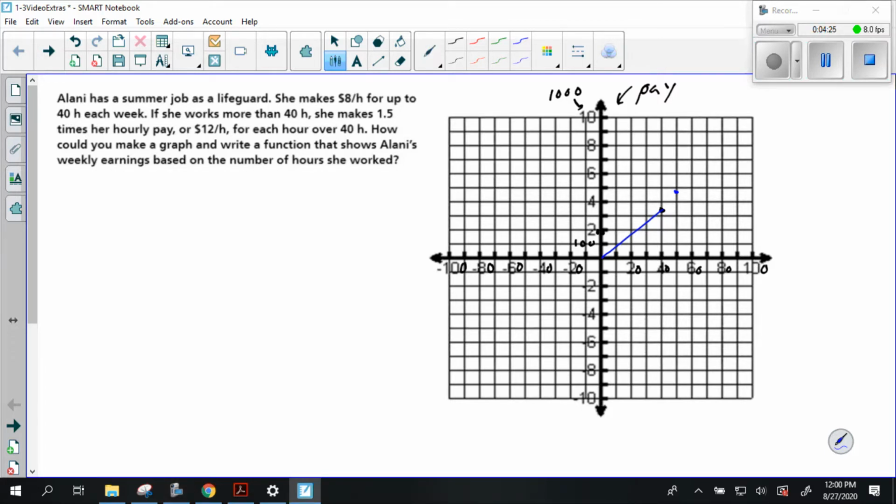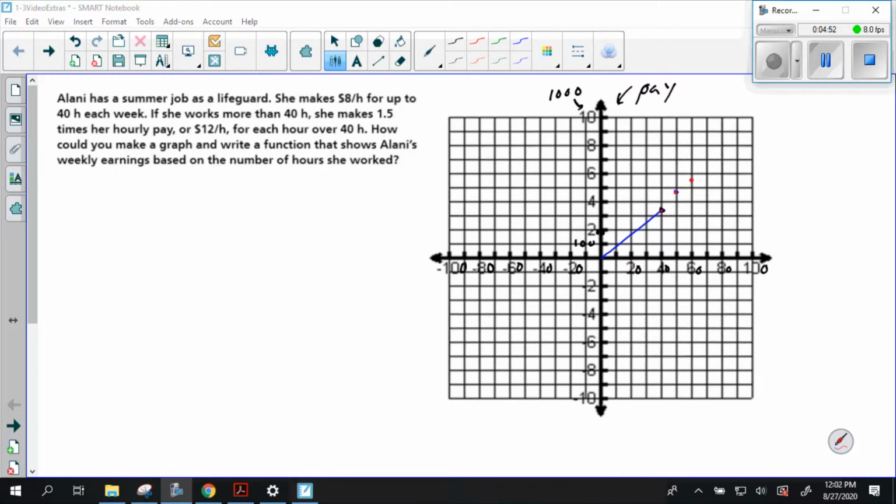Let's go ahead and look at where she's at after she's worked 20 hours of overtime. So 20 hours overtime is at 60. So now we're going to be at 560, probably somewhere around there.